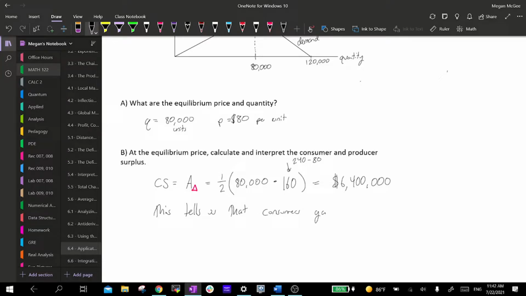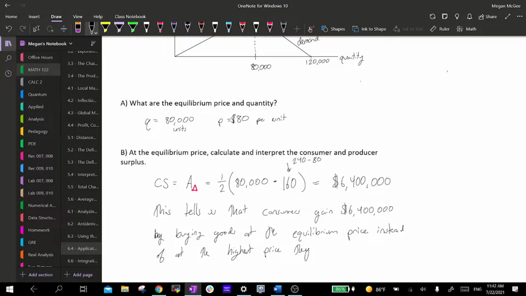So consumers gain this $6,400,000 by buying goods at the equilibrium price instead of at the highest price they would pay. So essentially they are saving money, not really gaining, but saving.